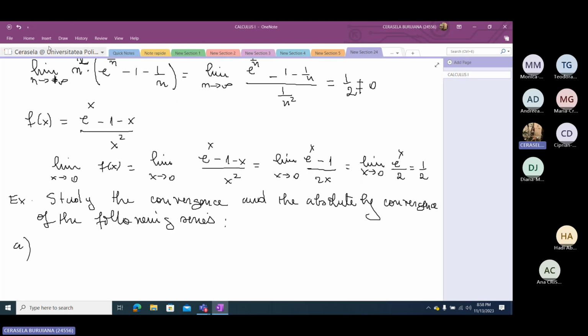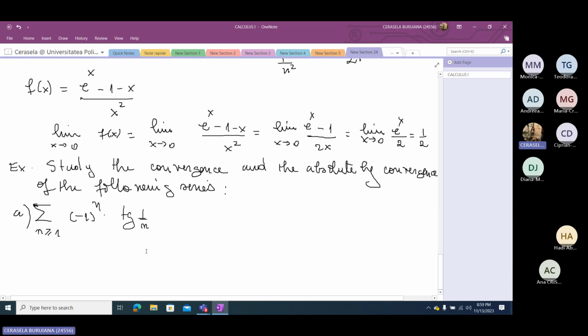So the first series I want to discuss with you today is the series of general term minus 1 power n times the tangent of 1 over n. So let's start and study what happens with its convergence and its absolute convergence.